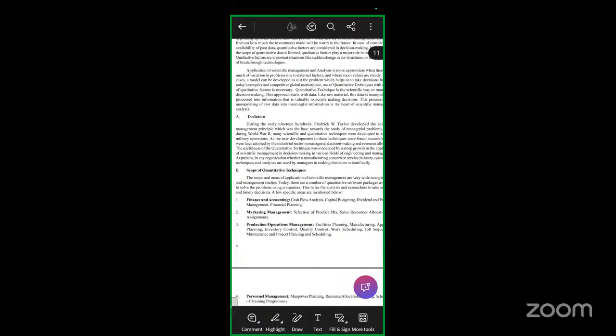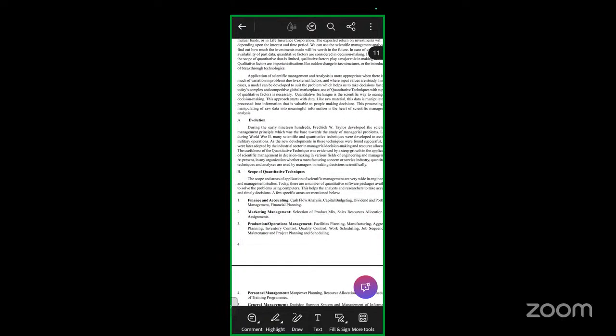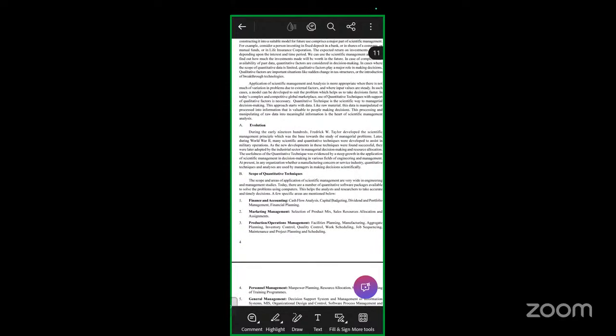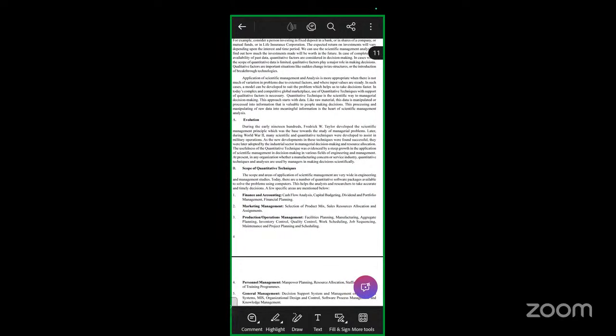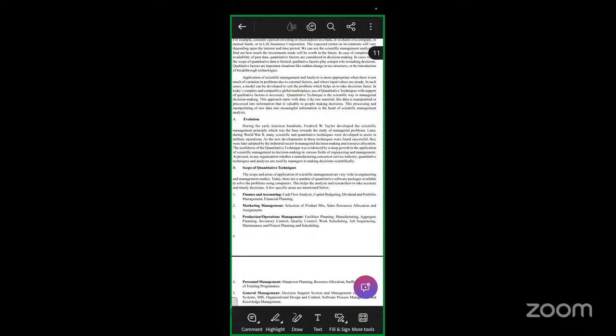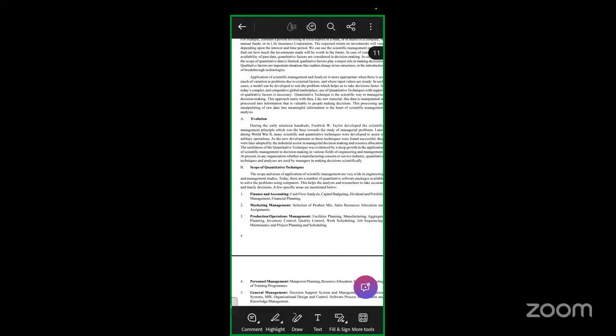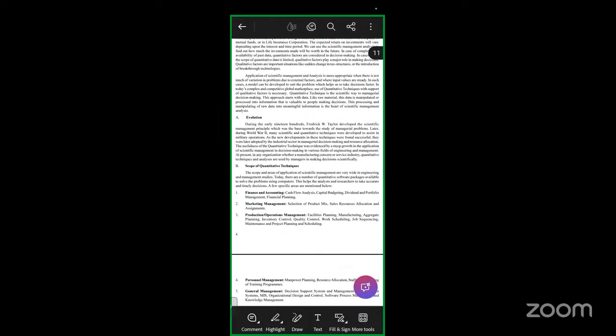During the early 1900s, Frederick W. Taylor developed a scientific management principle which was based on the study of managerial problems. Later, during World War II, many scientific and quantitative techniques were developed to assess military operations, that means how many military people they need to send to a particular area and how to spread them.